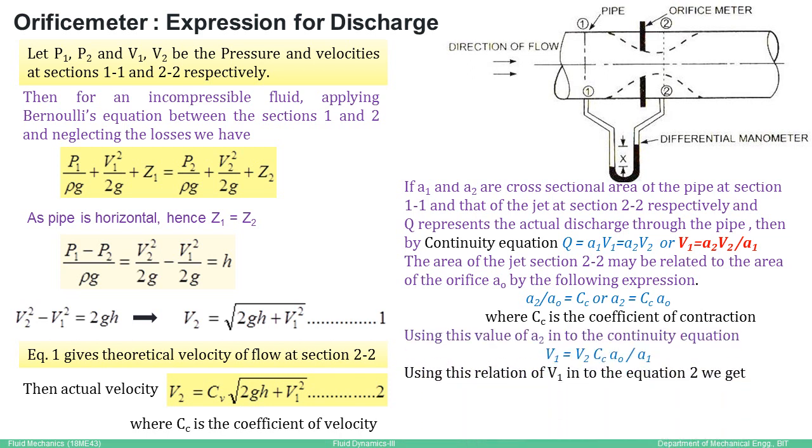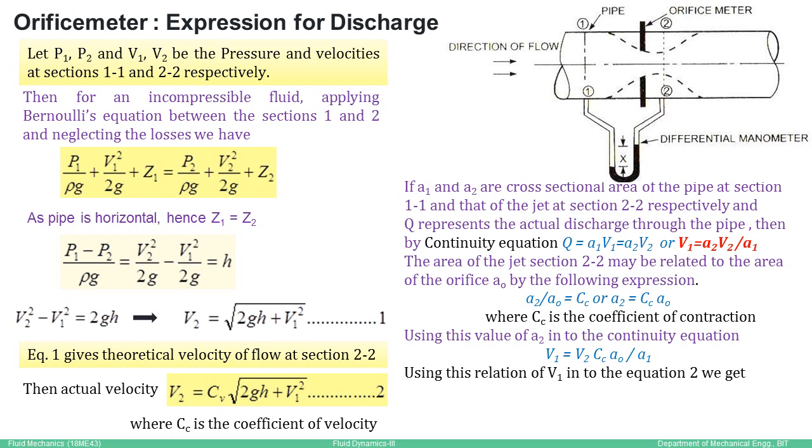Now using this, A2 equal to Cc into A0, in the expression for V1 from the continuity equation, we have V1 equal to V2 into Cc multiplied by A0 divided by A1.